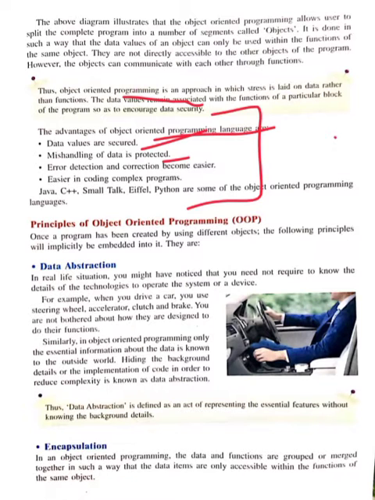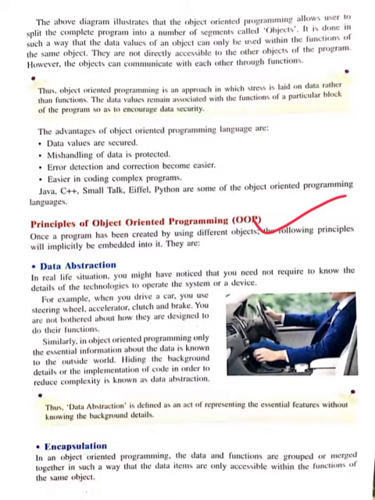You can protect your data from getting misused. Then error detection and correction becomes easier, and for coding complex problems also it is easier than the procedure oriented programming languages.